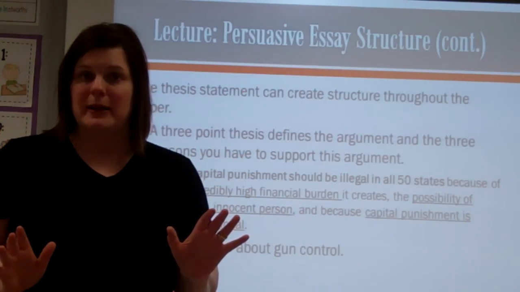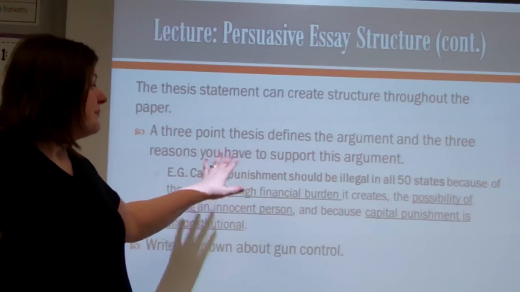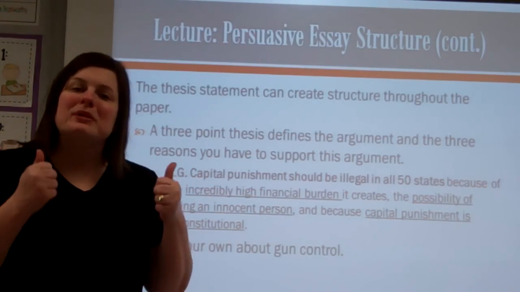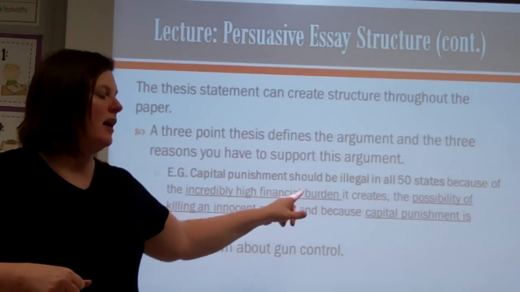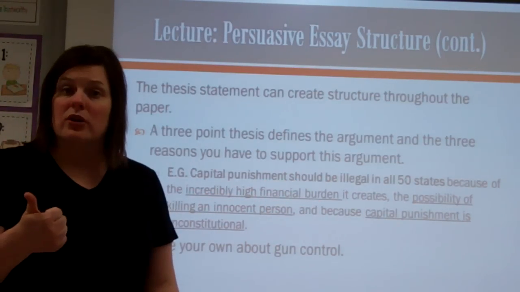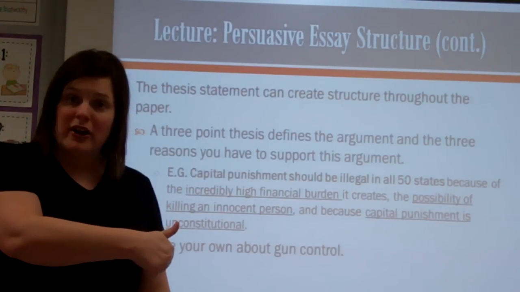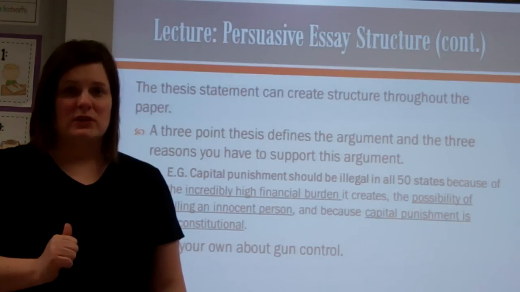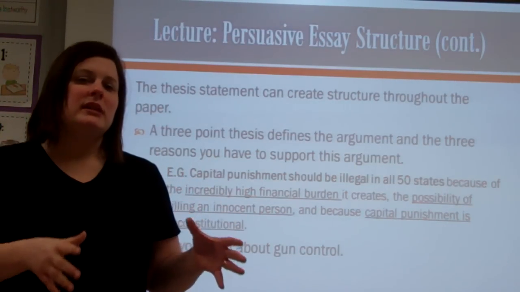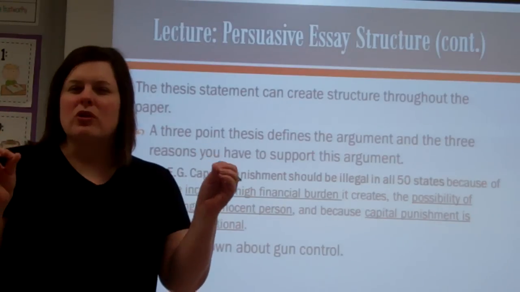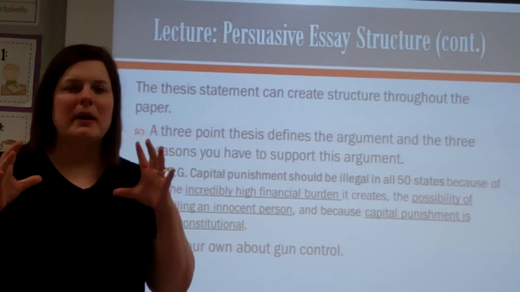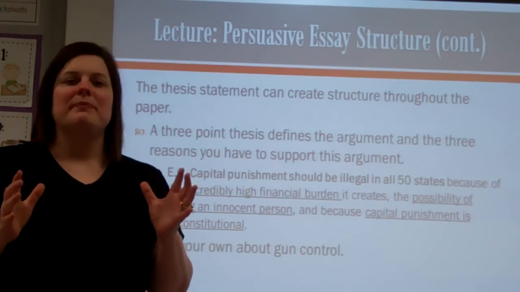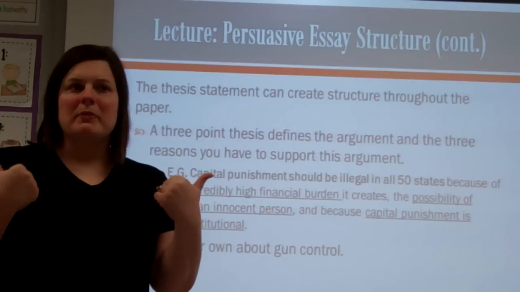I want to warn you, when you're writing a 3-point thesis, please put the points you intend to argue in the order of weakest argument to strongest argument. Think about why that is for a second. You want to leave your reader at the end of the paper with the strongest possible argument imaginable, the thing that they will remember.